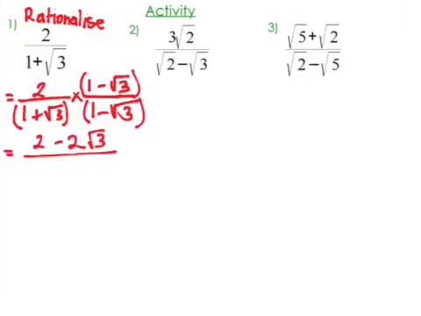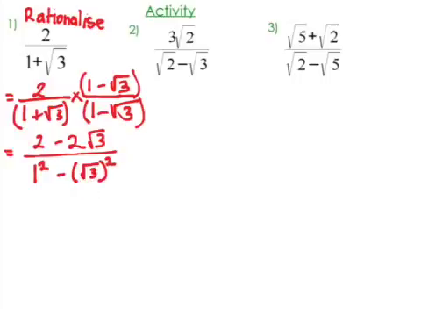Now think about it as expanding brackets. That gives you your numerator, and then your denominator is here 1 plus root 3 times 1 minus root 3. Well, that's a useful structure called difference of two squares, and an expansion of that is the same as the first number squared minus the second number squared.